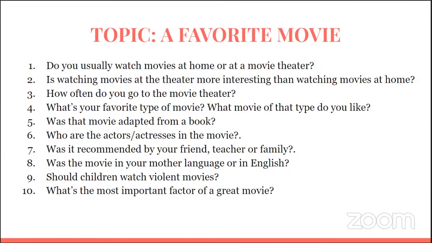Okay. And from the movies that have been displayed recently, which is your favorite one? ¿Podría repetir la pregunta? Yes, of course. From the movies that have been displayed recently, which is your favorite movie? De las películas recientes que se estrenaron, ¿cuál es tu favorita y por qué?